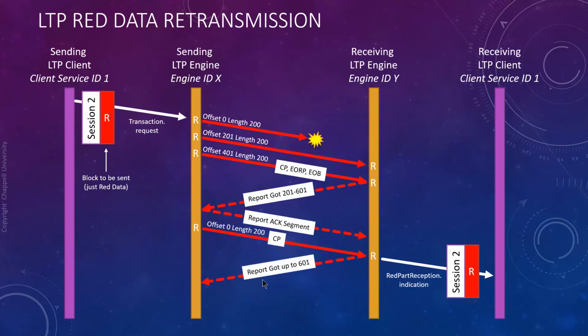Then we would see in the report, and strangely, it won't say, hey, I got from offset 0 length 200. It will say, I got from offset 0 up to 601 in that claims section. And then you'll see the report ACK go across to say, great. But you'll see that we didn't pass up that data on the receiving end until we received all the contiguous bytes here.